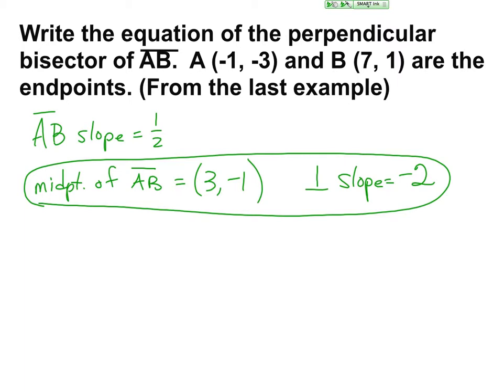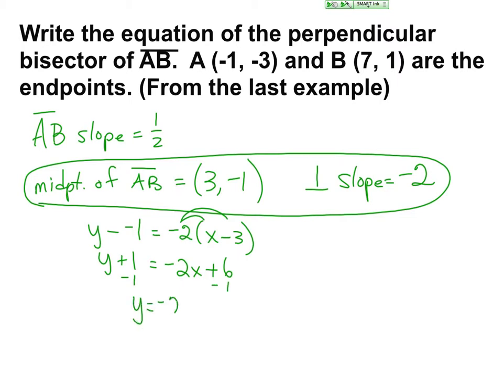And again, let's start with point slope. Y minus -1 equals -2 times (x minus 3). Y plus 1. Distribute over here, -2x plus 6, -1, -1, y equals -2x plus 5.